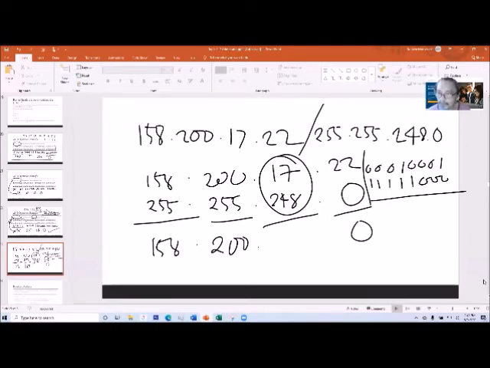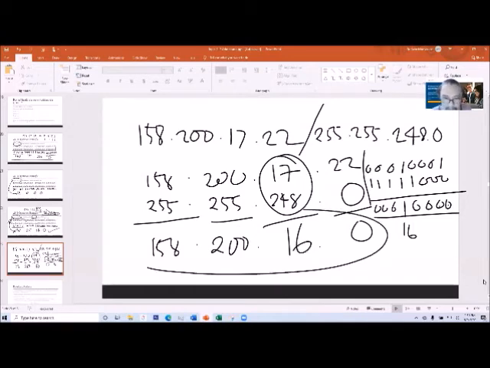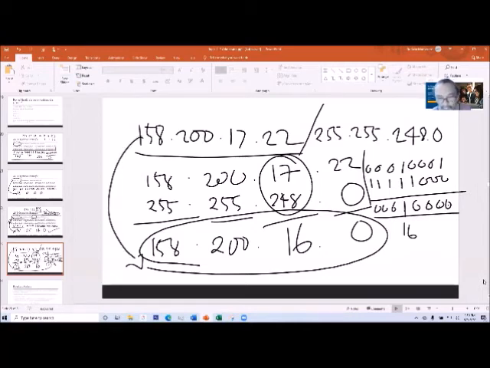If we perform AND here, that would be 0, 0, 0, 1, 0, 0, 0, 0. So where does this IP address fall? It falls on the 16, 1, 2, 4, 8, 16. So meaning this IP address 158.200.17.22 is in network 158.200.16.0. Very short, right? Very fast.